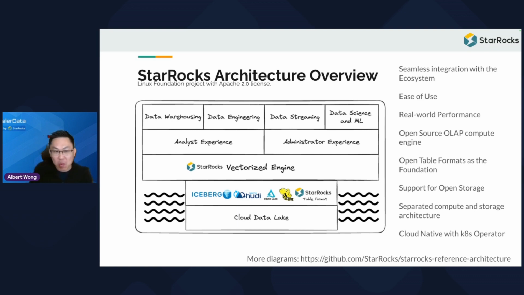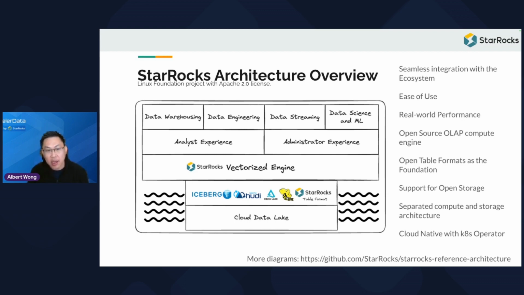We have a web UI for the business analysts and for developers to use. We also have another UI for administrators to manage, deploy and monitor their existing environment. The core of the product is the query engine, which is the StarRocks Vectorized engine. It's something that we built in-house.